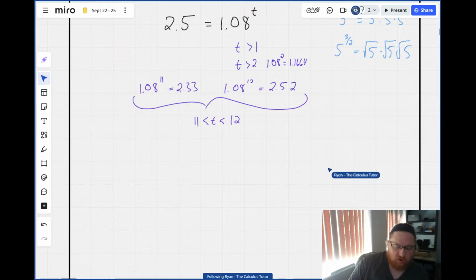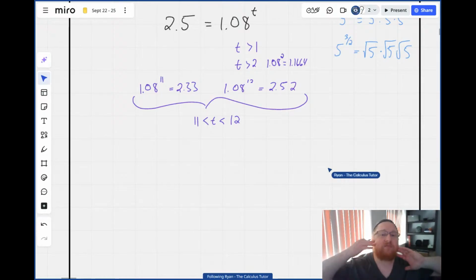So we have this slow, tedious process where we ask: is it bigger than this? Smaller than this? Bigger than this? Smaller than this? We can go back and forth and get as many levels of accuracy as we want. We can say it has to be between 11.1 and 11.9. I'm not sure. Maybe I'm wrong there.